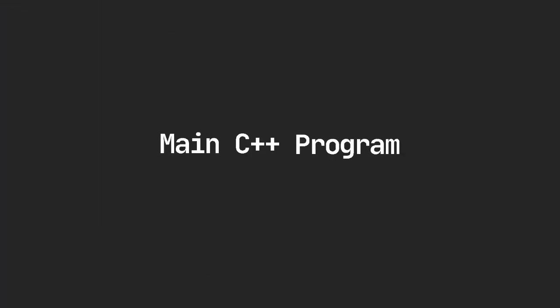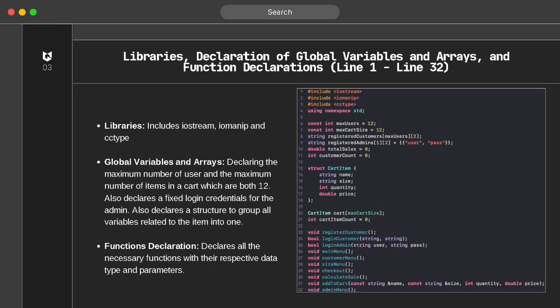I will now carry on to the main C++ program. Line 1 to line 32 covers libraries, declaration of global variables and arrays, and function declarations. First is libraries. We include iostream, iomanip, and cctype. Next, we declare global variables and arrays.